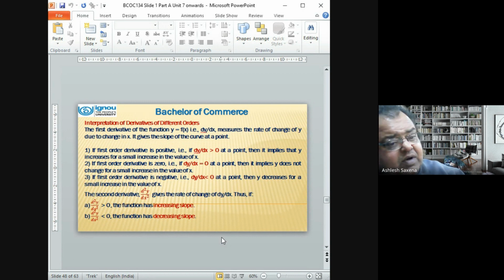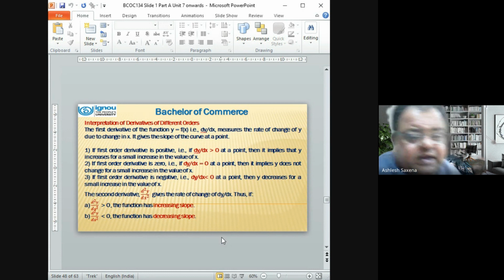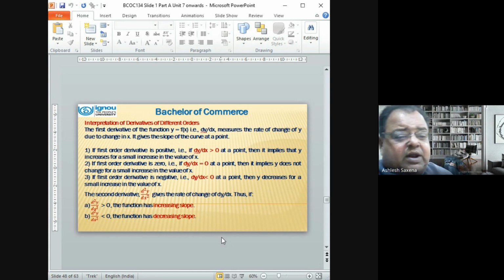Now, the second part is if dy by dx is equal to 0 at any point, it implies y does not change for a small increase in the value of x. Thirdly, if dy by dx is less than 0, that means it becomes negative, then y decreases for the same small increase in the value of x.